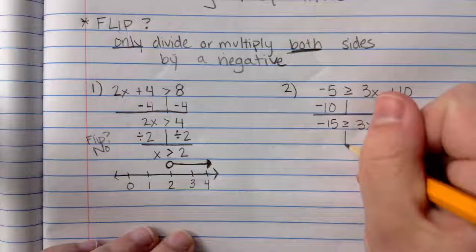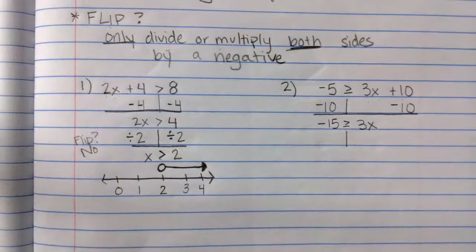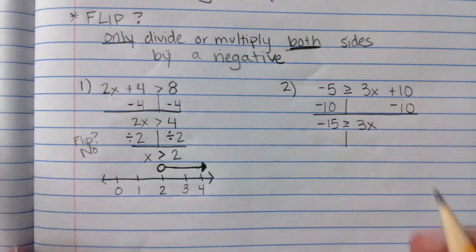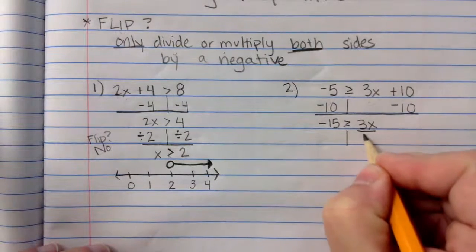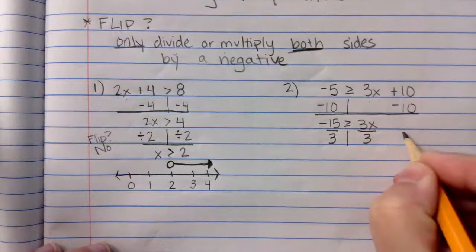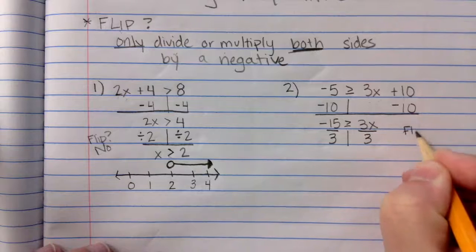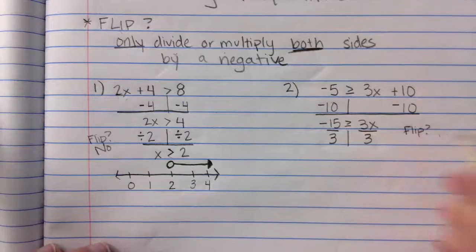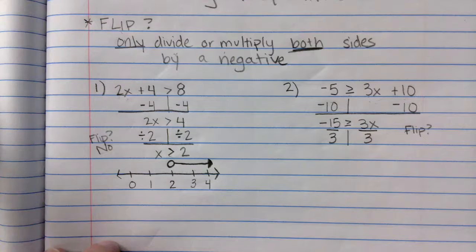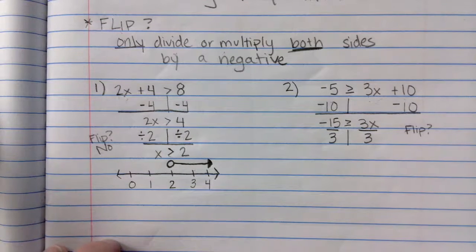Still we want x all alone, so we need to get rid of that 3. And how would we undo multiplying by 3? Divide. So here's my question at this point. When I see that dividing, that's where in my head I'm thinking, do I need to flip the sign? Am I dividing by a negative? No. Is there a negative that I'm dividing by?